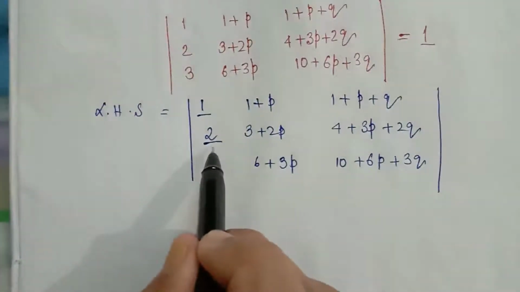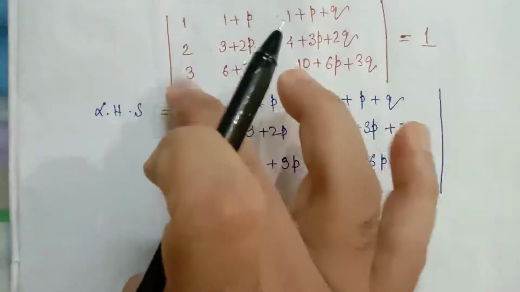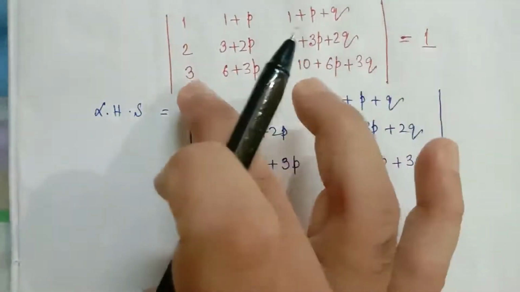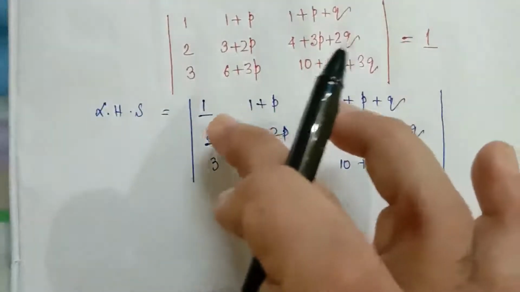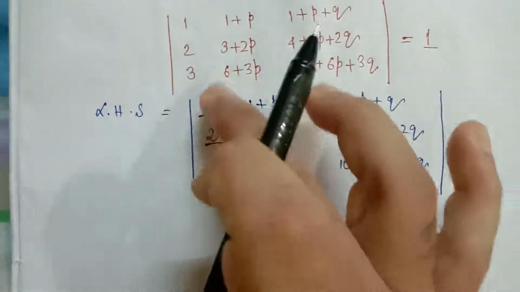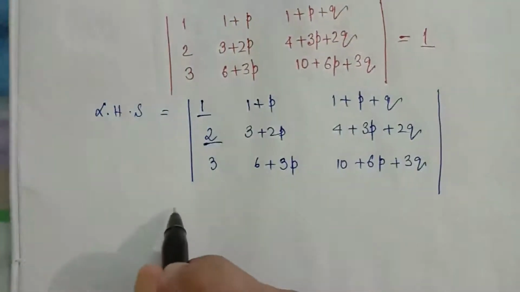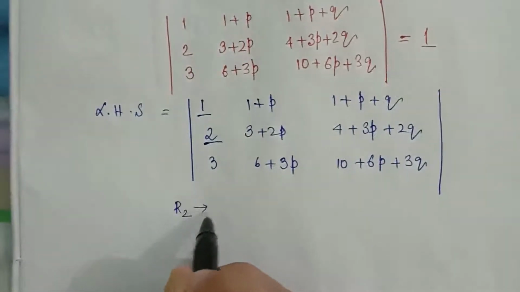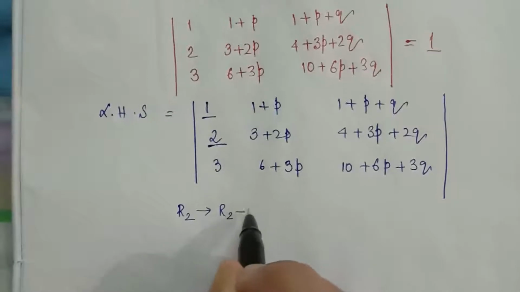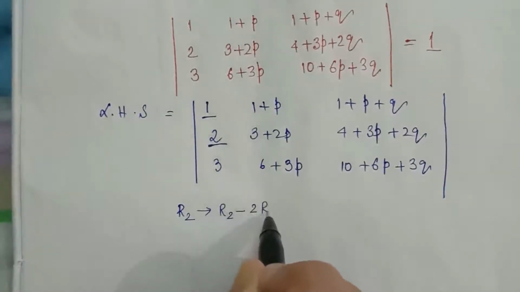This number is 2, this is 1. If we multiply the first row by 2, this will become 2, 2 into 1, 2 into this, 2 into this. Then R2 minus this will give us 0. So let us replace R2 by R2 minus 2 into R1.